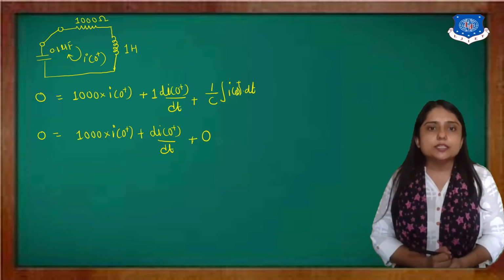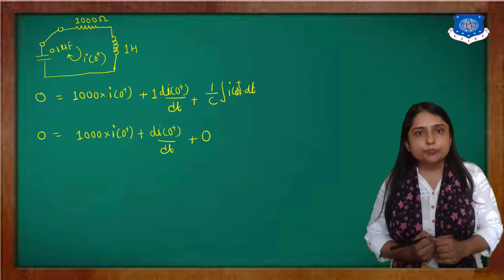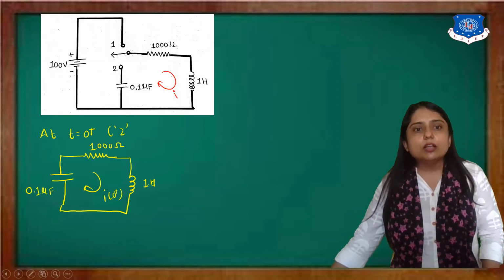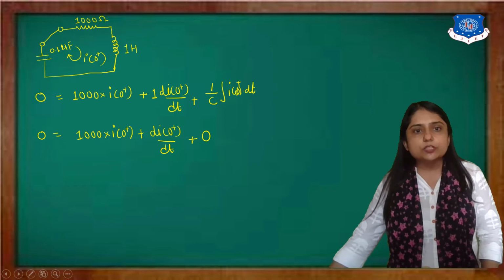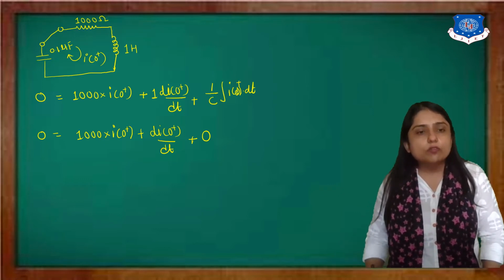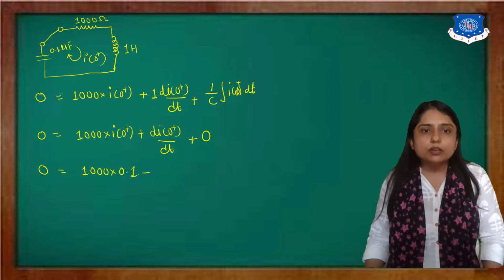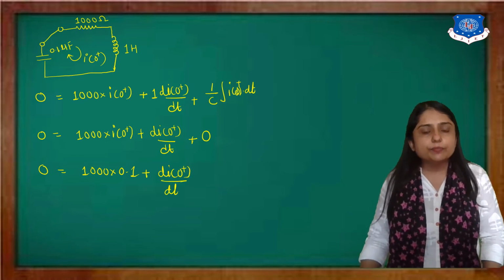Already we have found I(0+) is 0.1 ampere. Substituting, 0 equals 1000 multiplied by 0.1 plus di(0+)/dt.